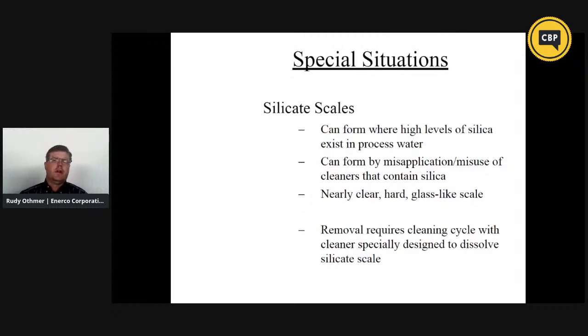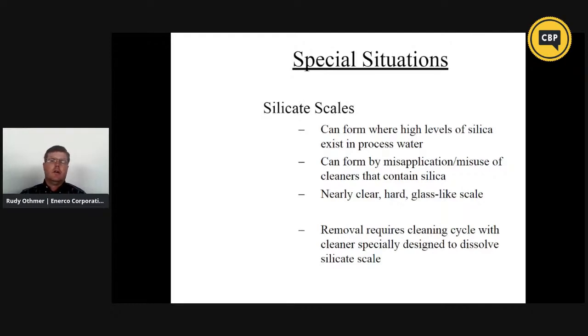It's typically a very clear scale, so you can look in your tank, look at your process and see right to the stainless steel, and sometimes not notice that you're starting to build up a clear, very hard silica-based scale.